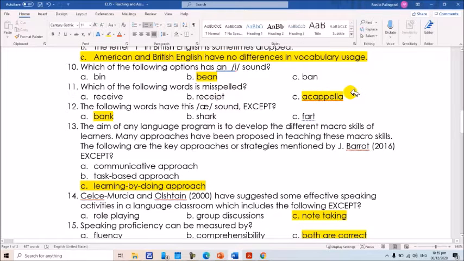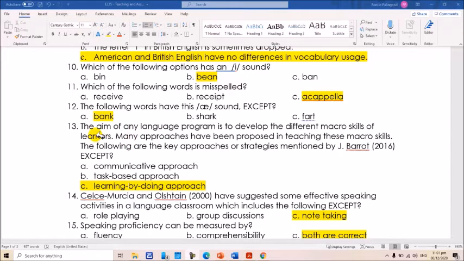So the answer is letter C, since we all know that a cappella is two words. Number 12. Which of the following words have the A sound except this one is a bonus item. Again, this one is a bonus: bank, shark, fart. So there's something wrong with the statement right here or with the options. Again, number 12 is a bonus.